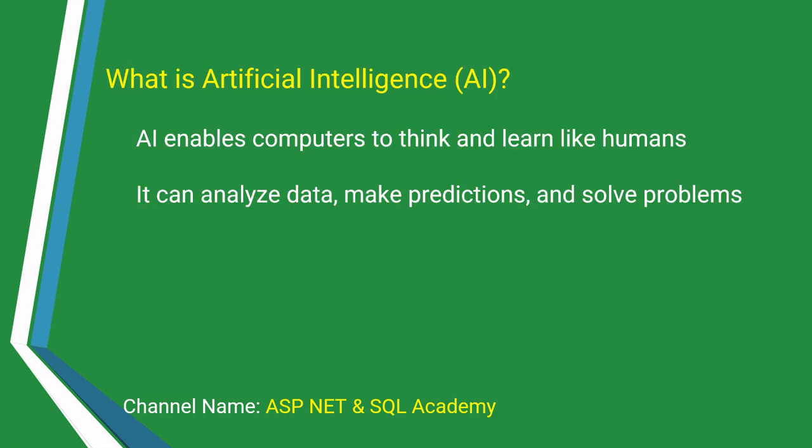Artificial intelligence or AI is a branch of computer science that helps machines learn from experience and make intelligent decisions. Generative AI is one of its most creative branches.